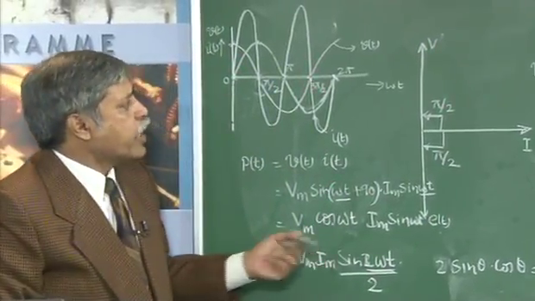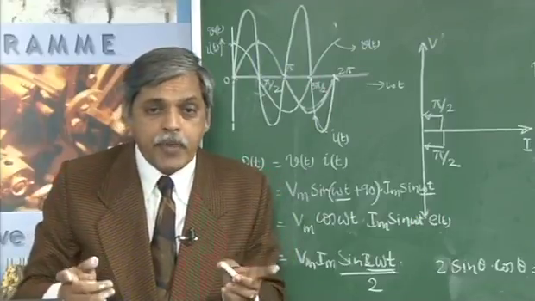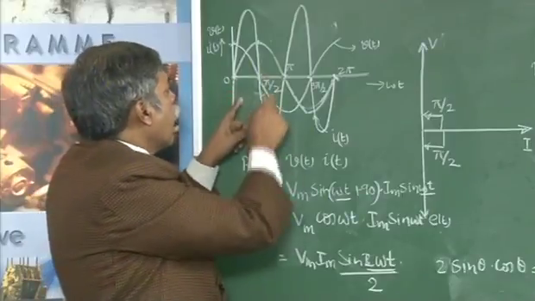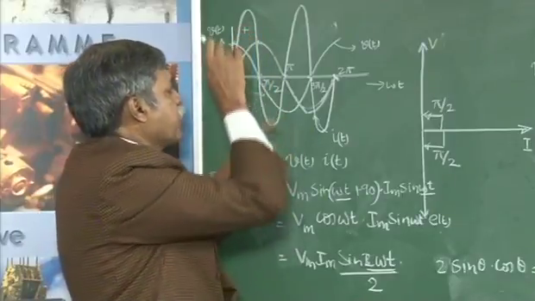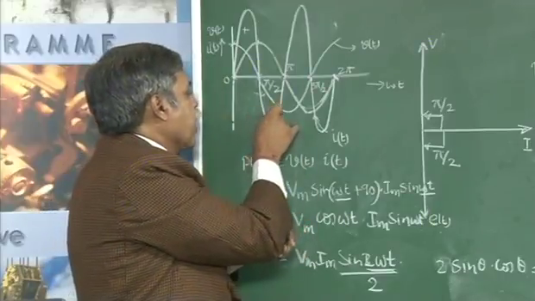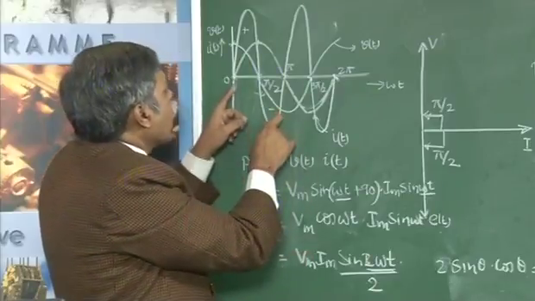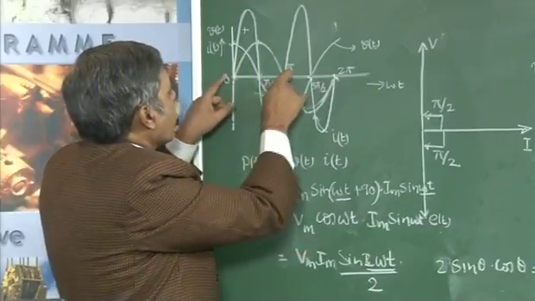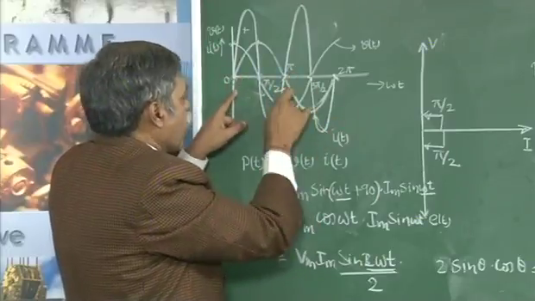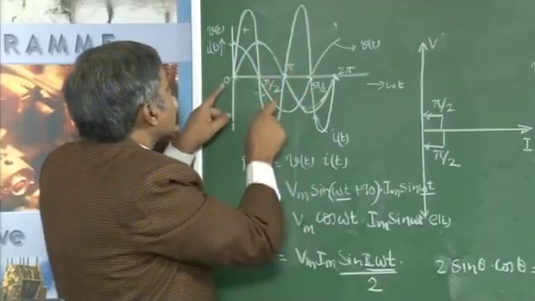Now if you try to calculate the average value of the power either over a half period or a full period, you can see here the positive half cycle of the instantaneous power is exactly equal to the negative half cycle of the instantaneous power. Therefore the average value of the power over a half cycle of the voltage or current is equal to 0 here.